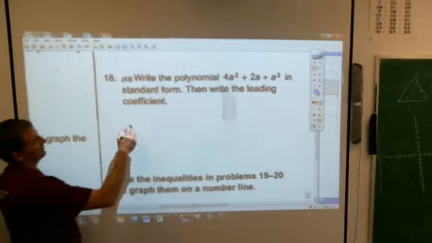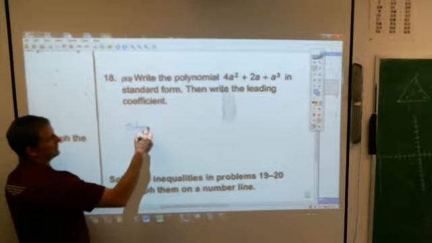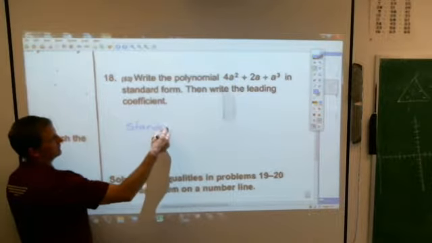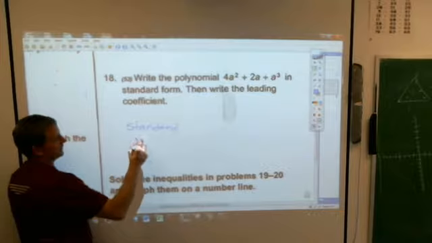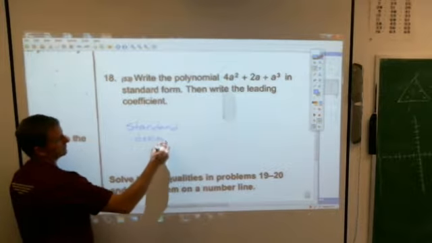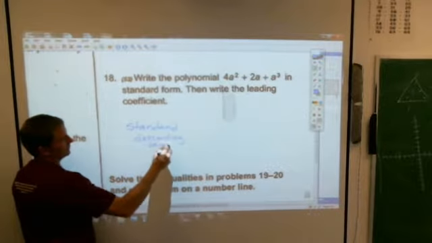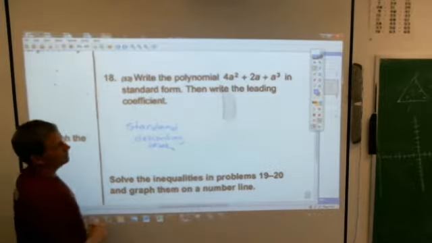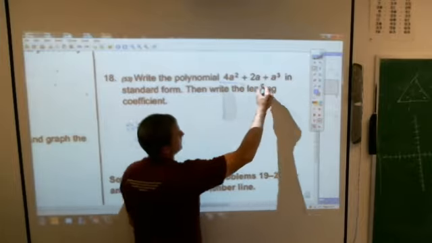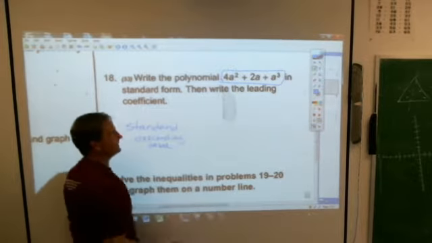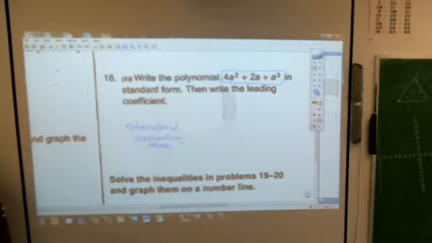Don't let the terminology mess with you. Standard form is just in descending order. Which means you have to change this so that the highest exponent term, or what do we call that?